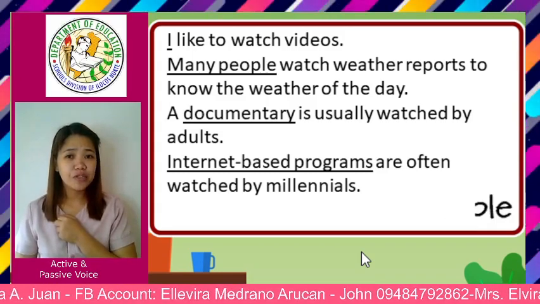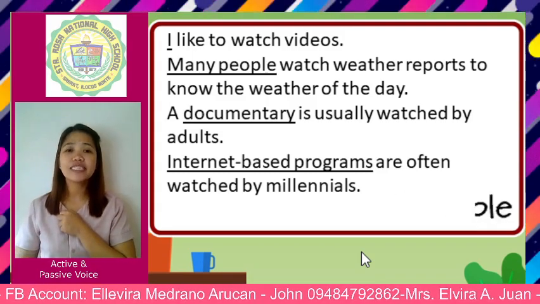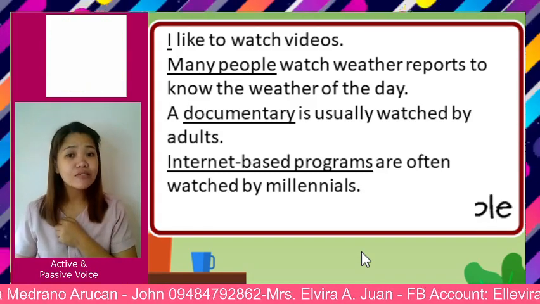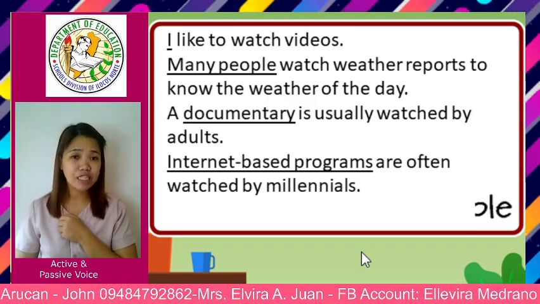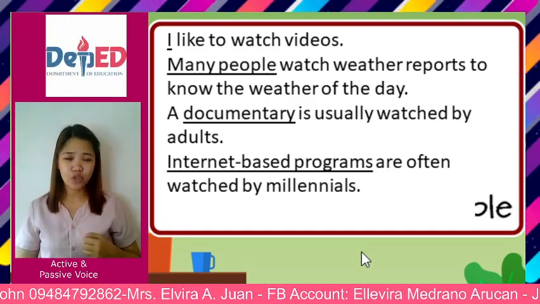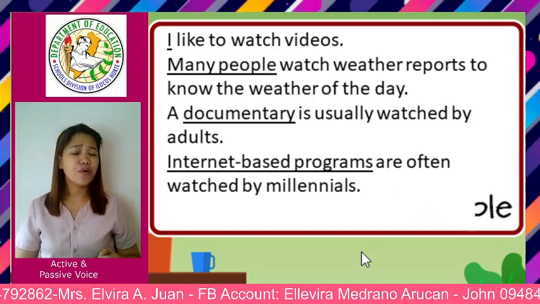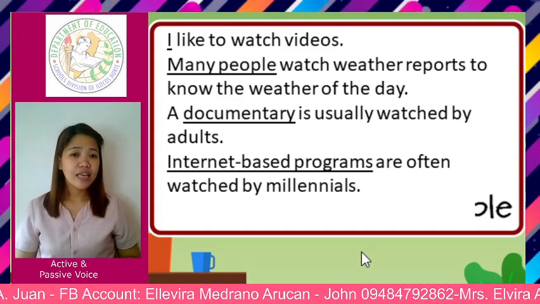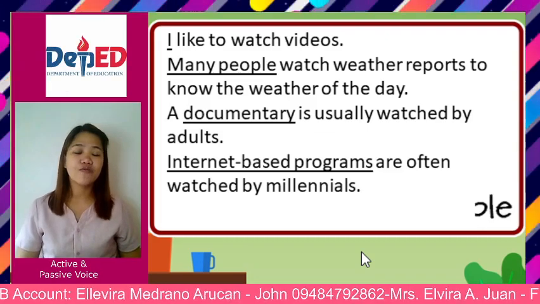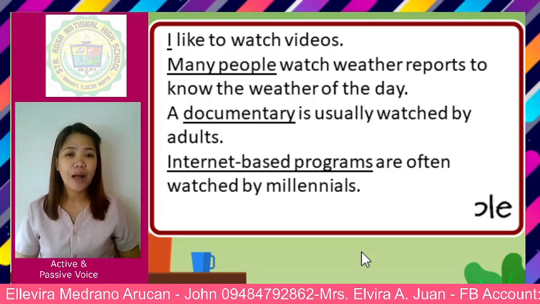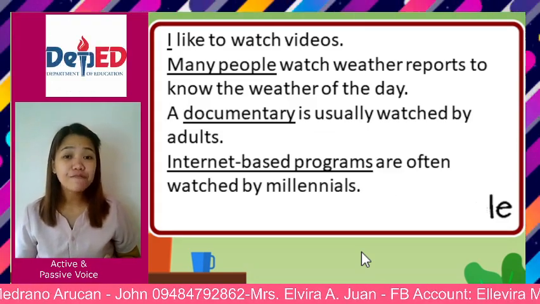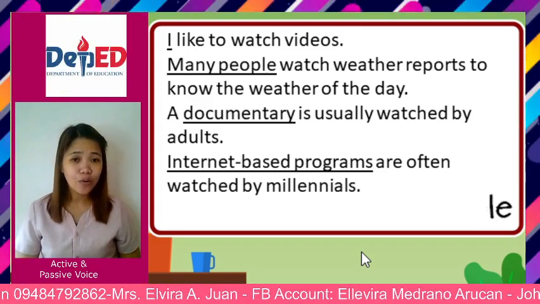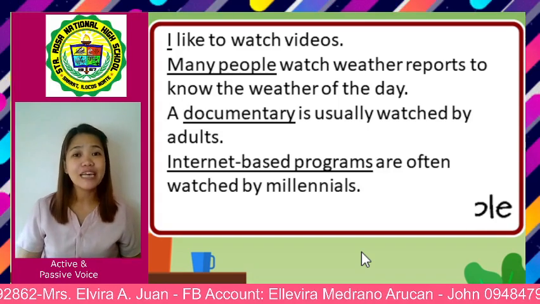So, in our sentences here, the words I, many people, documentary, and internet-based programs are our subjects. It is very important to identify the subject because if we try to differentiate active from passive voice, you have to know where the subject is for you to know the role or the use of the subject.